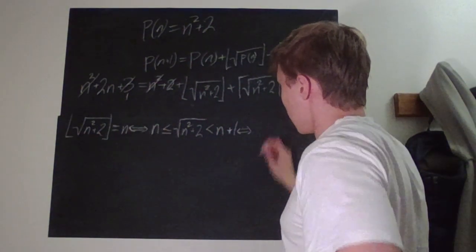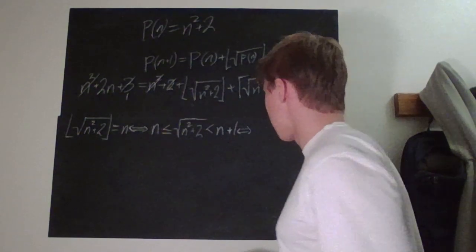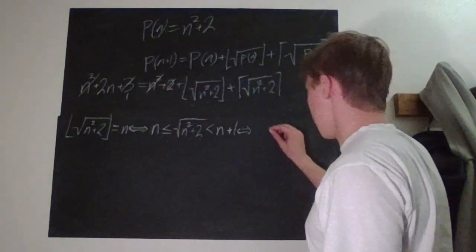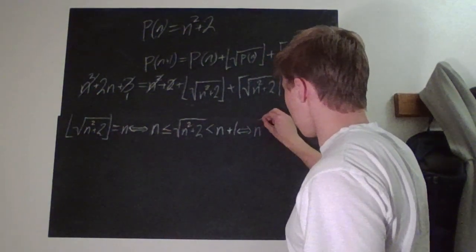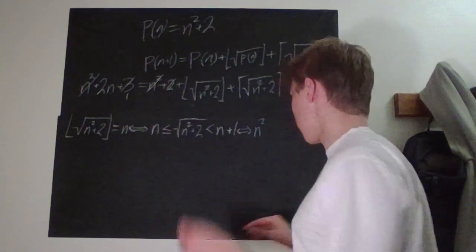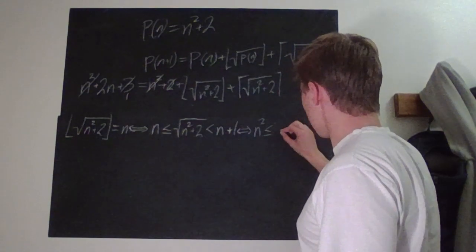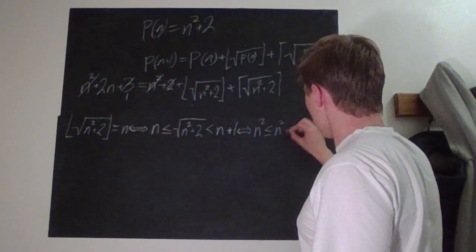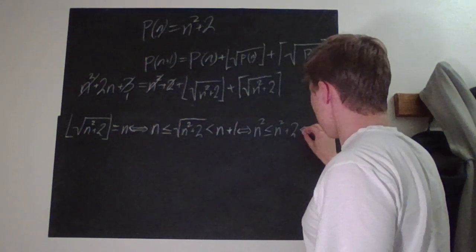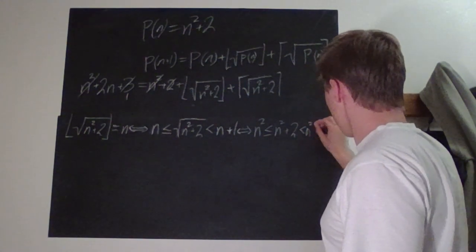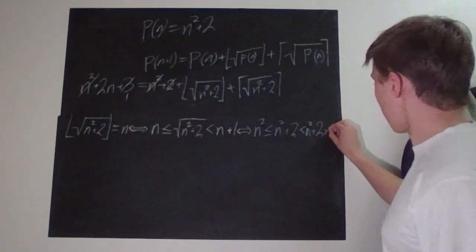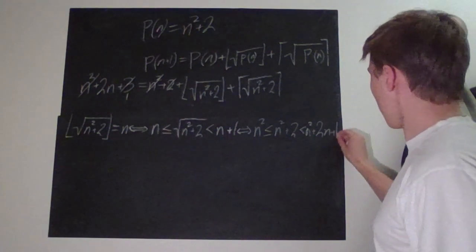Then if we square all three sides, because everything is positive here, so we're not messing anything up, n squared is less than or equal to n squared plus 2, which is strictly less than n squared plus 2n plus 1.